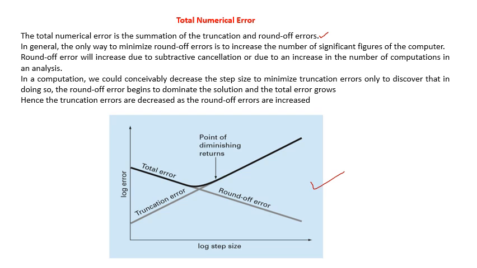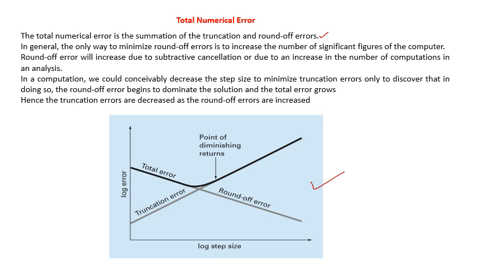In computation, we could conceivably decrease the step size to minimize truncation error, but only to discover that in doing so the round off error begins to dominate the solution and the total error again grows up. Hence the truncation errors decrease as the round off errors increase.